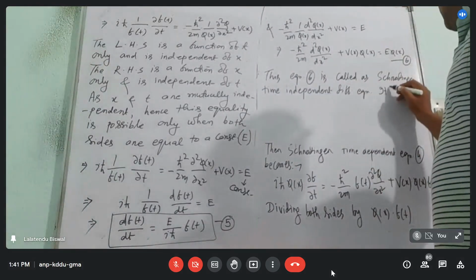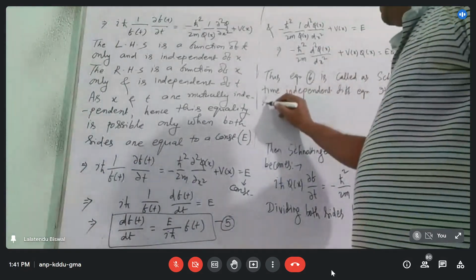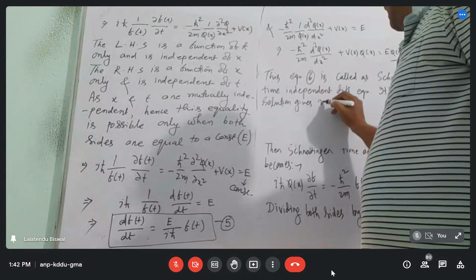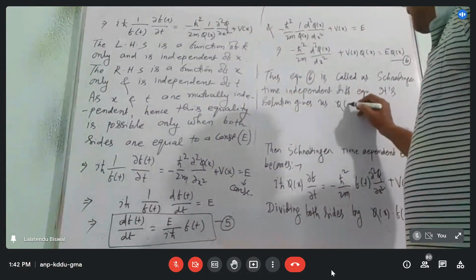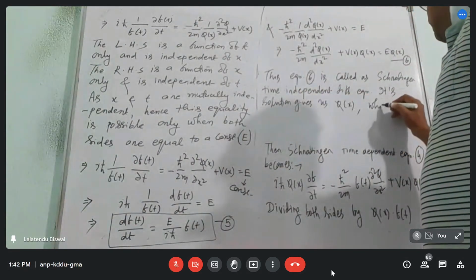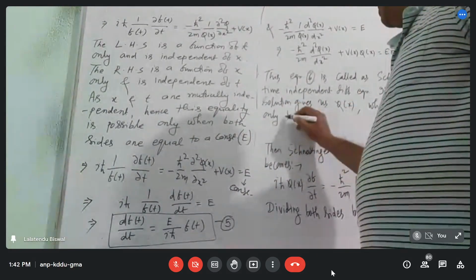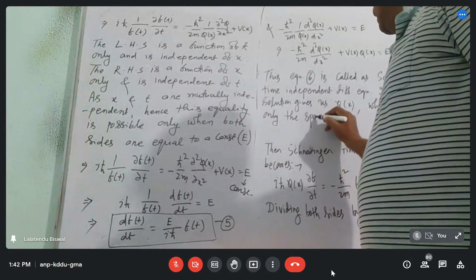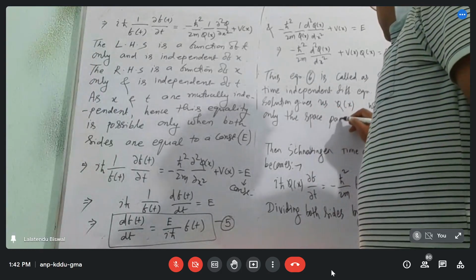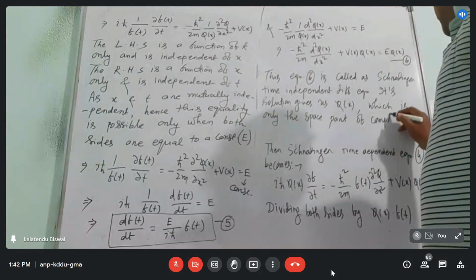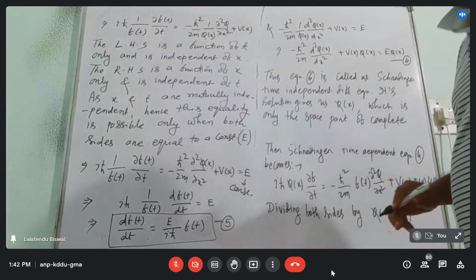Its solution, what will it give? It gives us phi x, which is only the space part of the complete wave function.